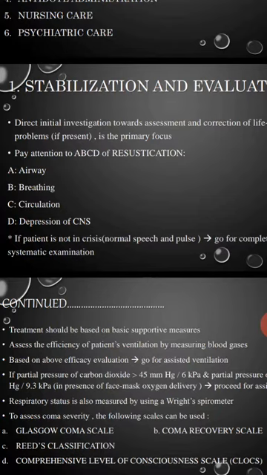Next is circulation. Immediately you have to maintain the circulation, by correcting the blood volume by giving blood substitutes, maybe whole blood or blood products, in order to prevent shock.